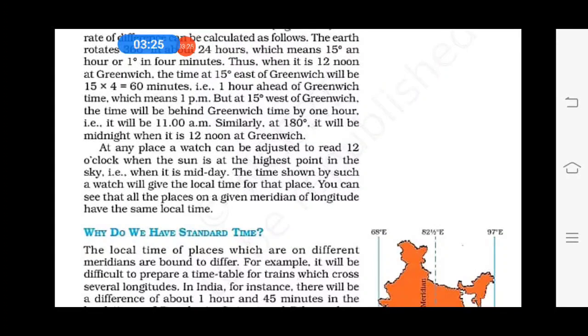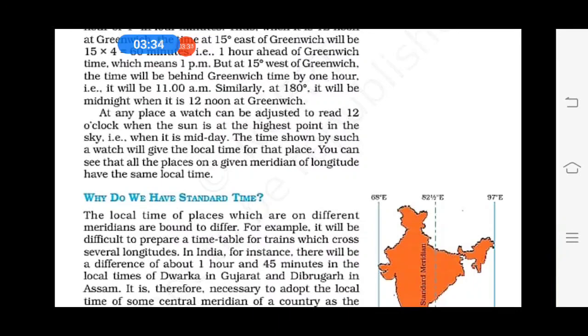For example, if it is 12 o'clock noon on the prime meridian, it will be 1 o'clock afternoon at 15 degrees east, and 2 o'clock afternoon at 30 degrees east, and so on.